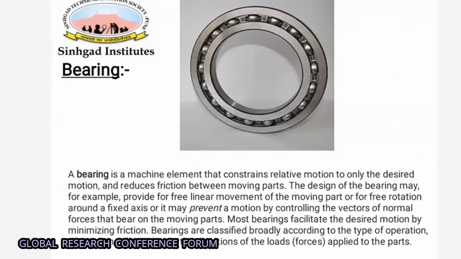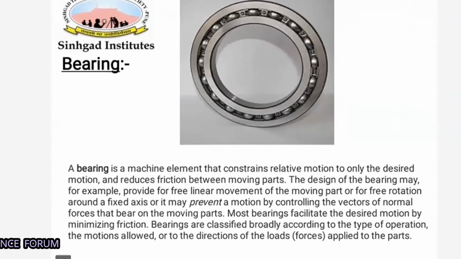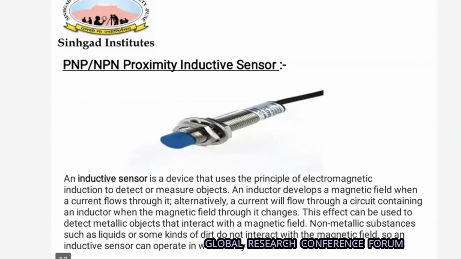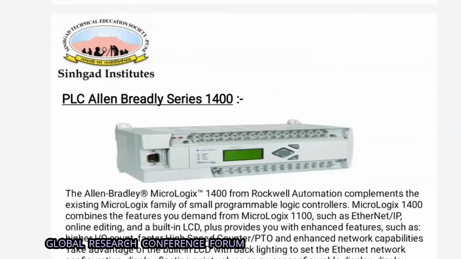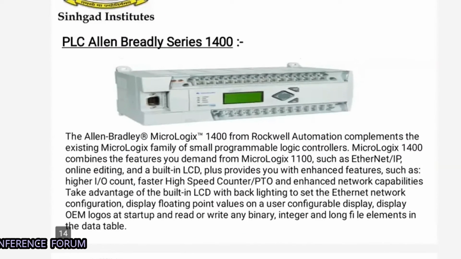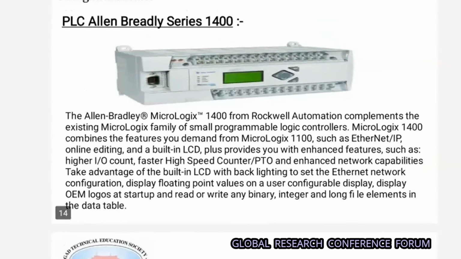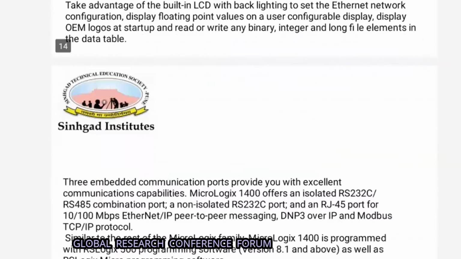Here, sir, these are the equipments which we used: the bearing, then the proximity sensor, and this is the PLC which we have used, from the Allen Bradley 1400 series.